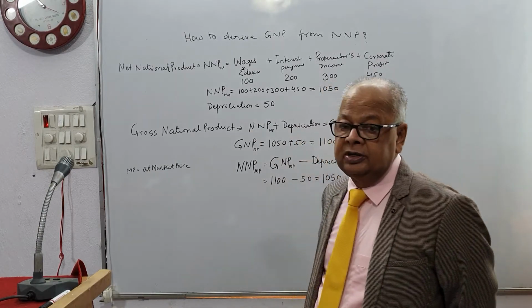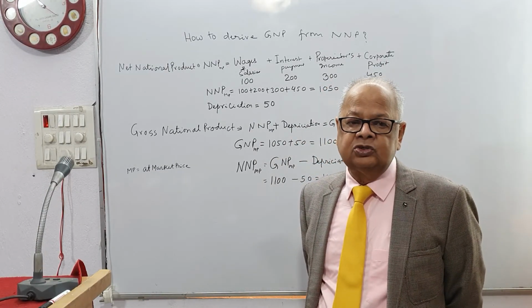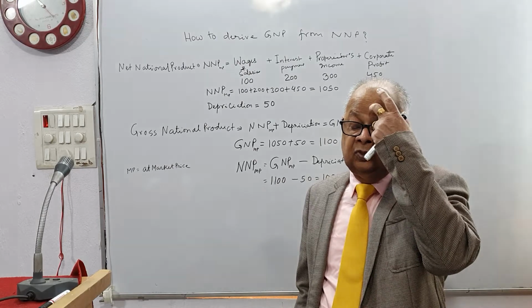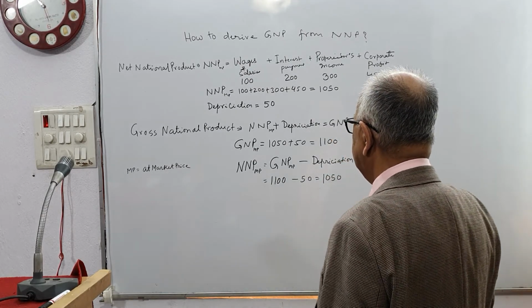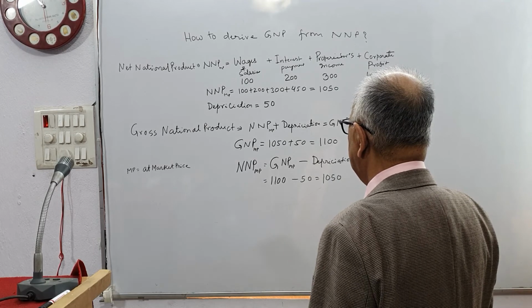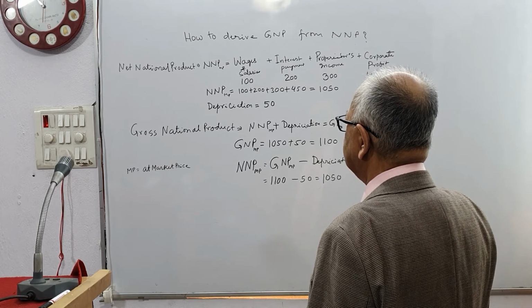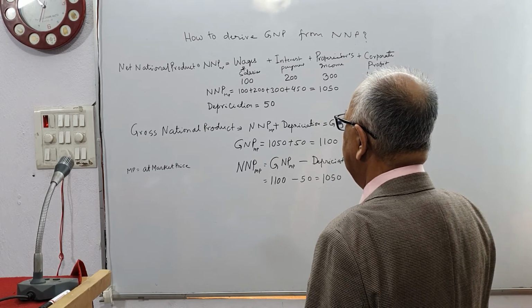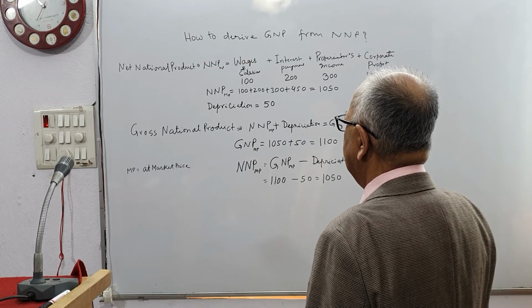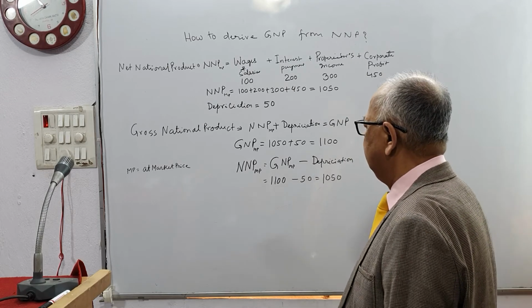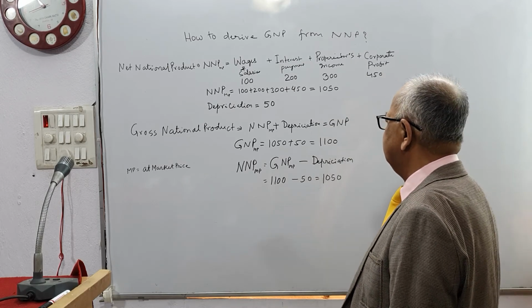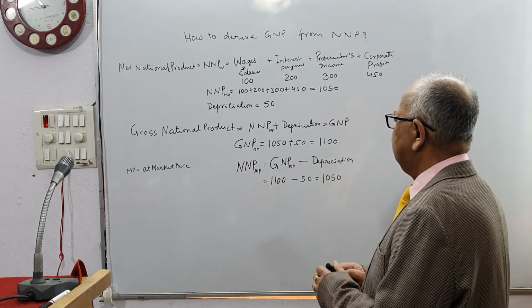So what we find out is that market price is most important. From market price we find out the calculation of NNP at market price. By adding depreciation we get NNP plus depreciation equal to GNP.